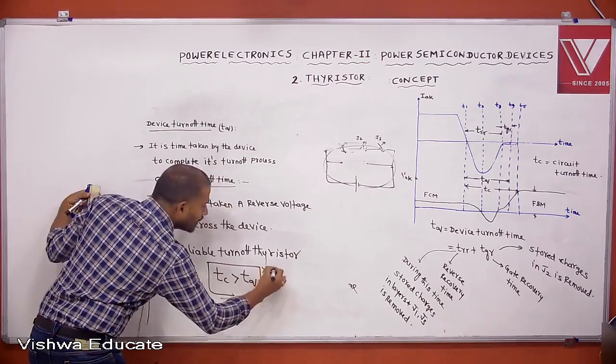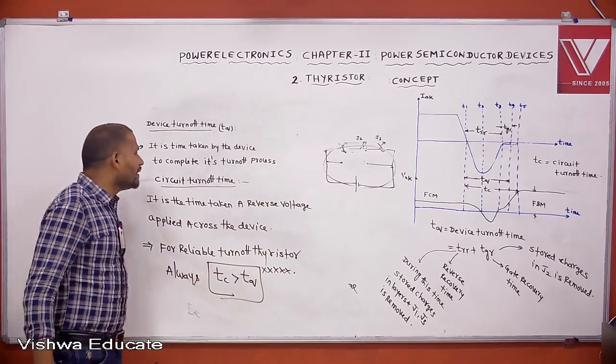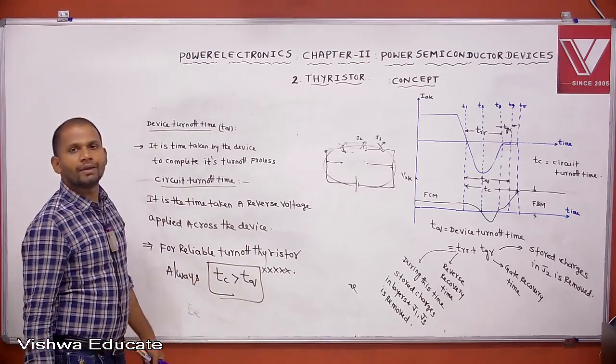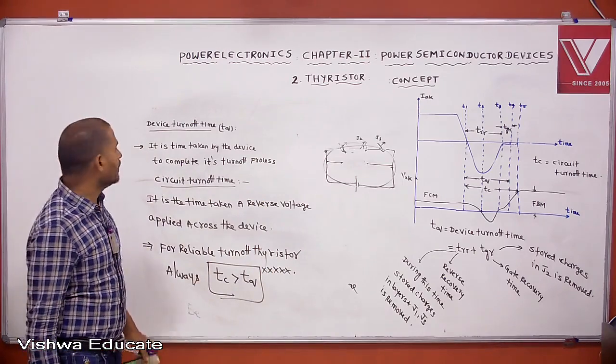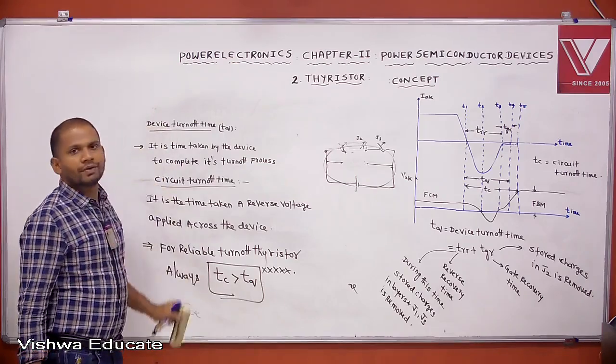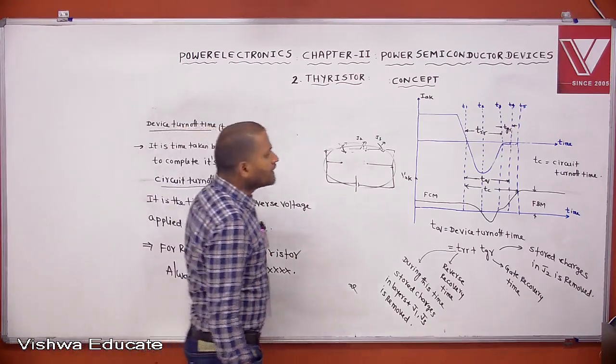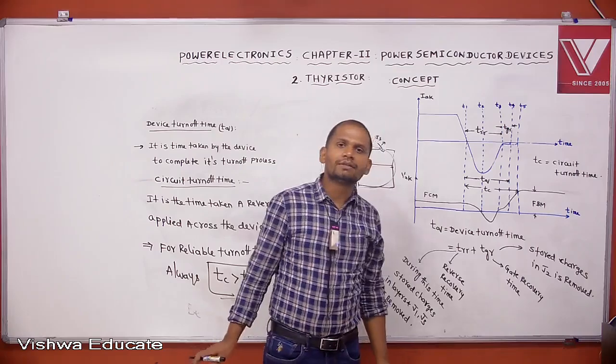A very, very important observation. Always circuit turn off time is greater than device turn off time. Like this we define device turn off time and circuit turn off time. Clear? This is about the turn off characteristics of an SCR.